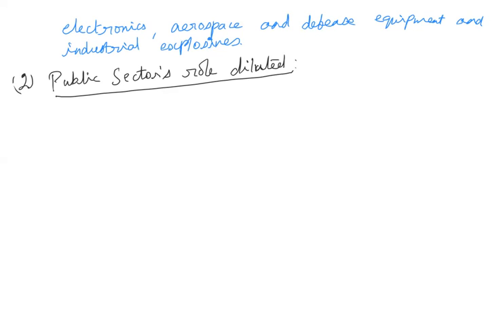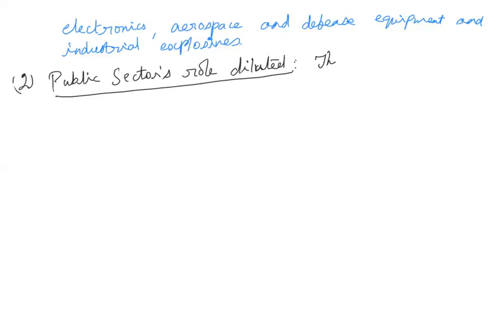So if you remember the number of industries that was given to the public sector, Schedule A, it was 17 industries under the public sector through IPR 1956. But now there are only 3 industries that are reserved for the public sector.